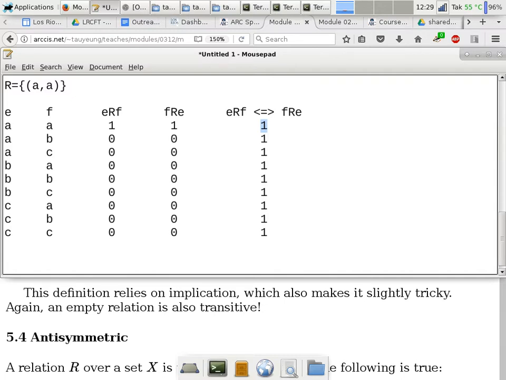True if and only if true is true itself. But the rest remain the same because, other than A relating to itself, there are no further relations in the set. So this particular relation, which only has one single element, is also symmetric. Is that okay?